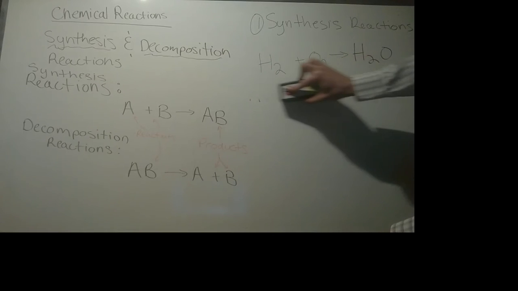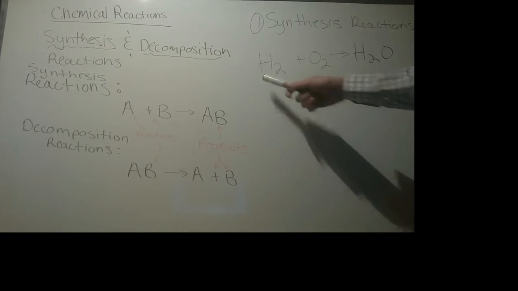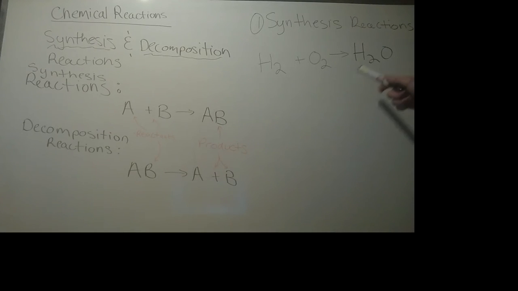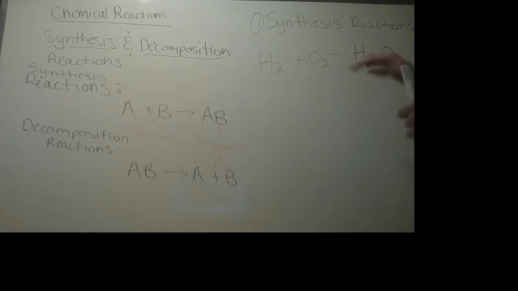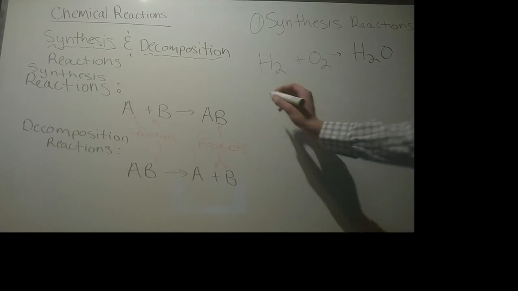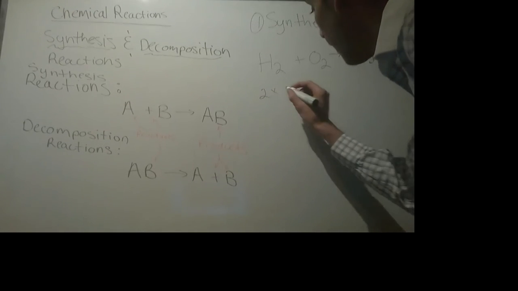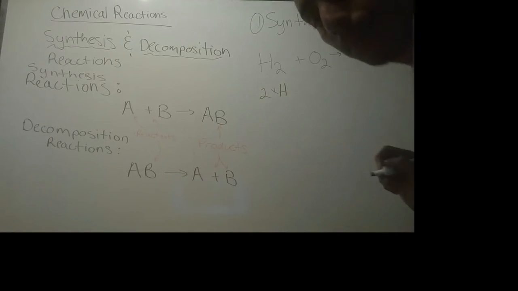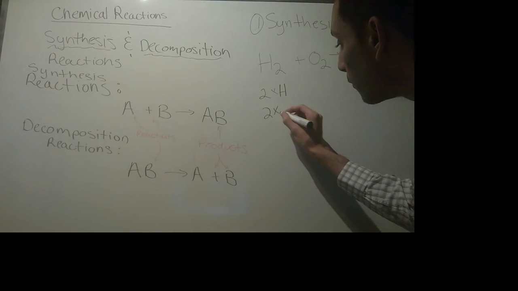That being said, this reaction is the reaction of hydrogen and oxygen to form water. If we look on either side of this chemical reaction, and we use our counting atoms from last lesson, we can see that the left side has a total of 2 times H atoms and 2 times oxygen atoms.